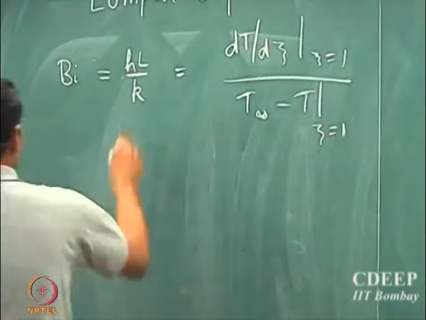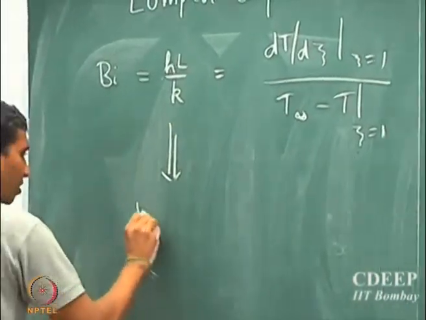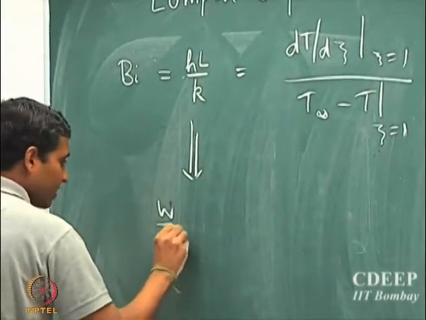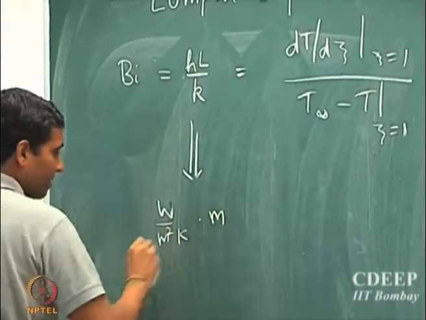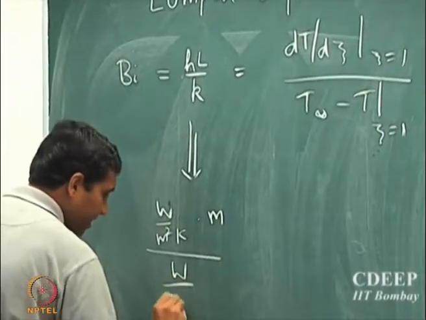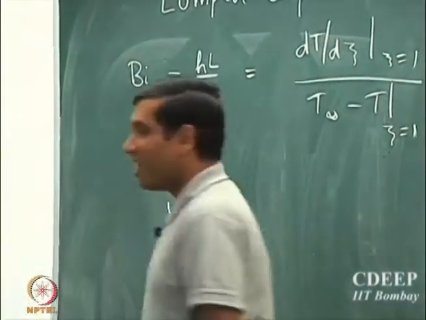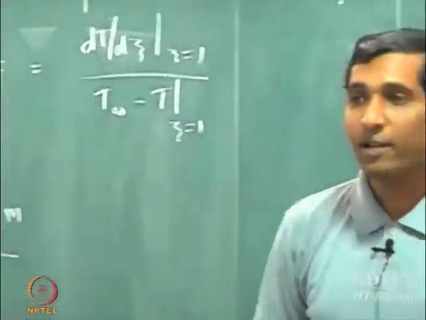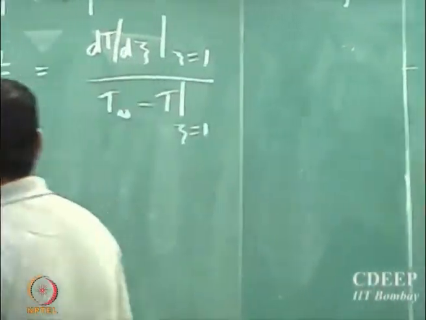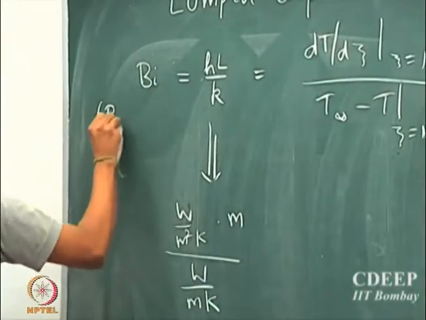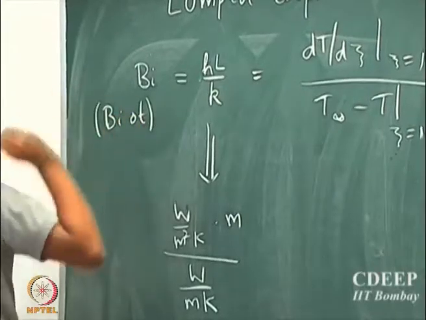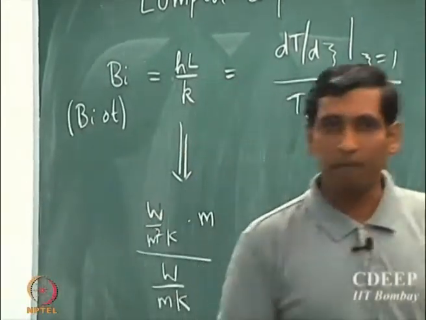Okay, so the units here are watt per meter square Kelvin multiplied by meter divided by watt per meter Kelvin. So this is a dimensionless quantity. It's called the Biot number. It's spelled B-I-O-T. It's called the Biot number.